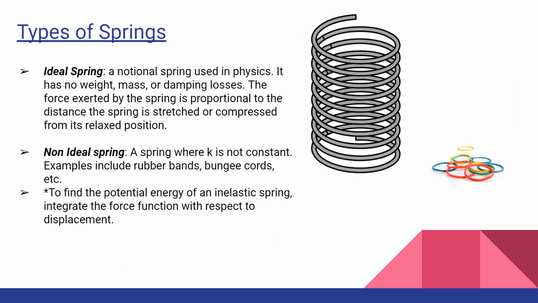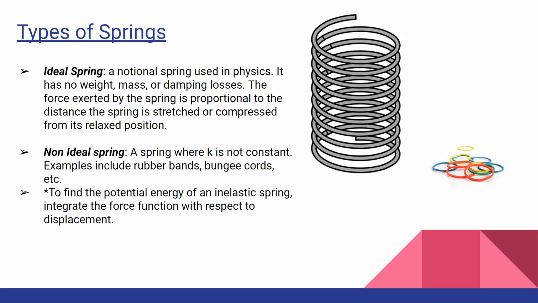There's a couple of types of springs. There's two types actually. You have your ideal spring, which is your default type of spring. Very rarely will you ever encounter a real life ideal spring, but we tend to use this for theoretical purposes in physics.